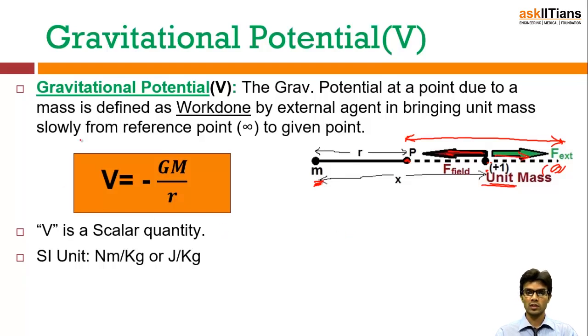The gravitational potential, denoted as V, is equal to minus GM by r. V is a scalar quantity and the unit is Newton meter per kg, or since Newton meter is joule, joule per kg.